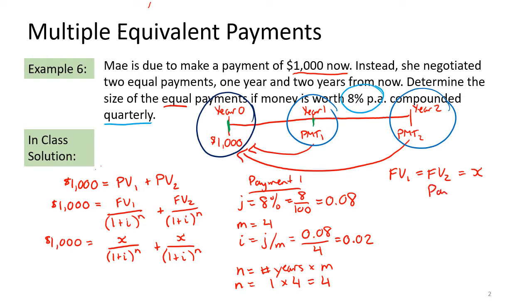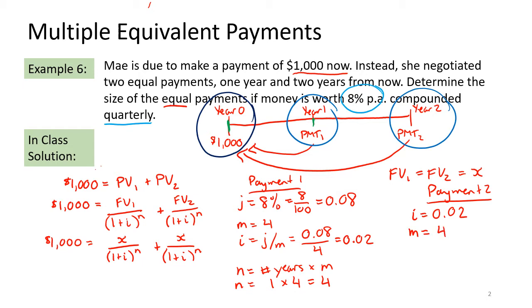Now, looking at payment number 2, we know the periodic interest rate is the exact same, 0.02, because it doesn't change in the question. We also know that the number of compounding periods per year, m, is also the same, 4.